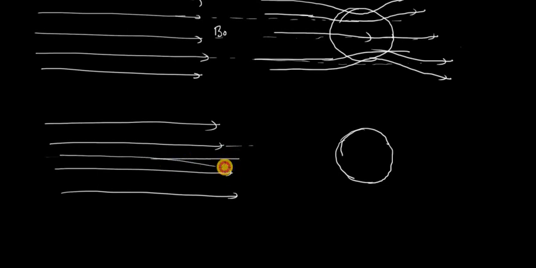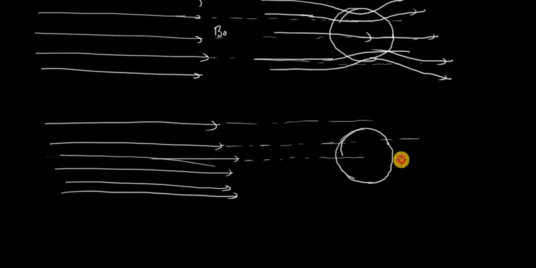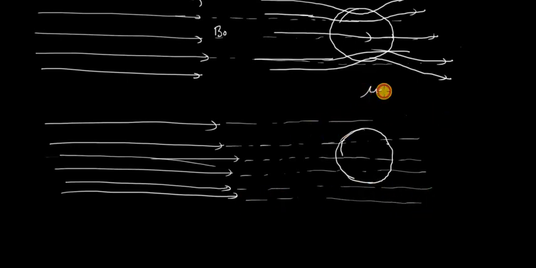Originally the lines of force look like this and go this way, but since there is a diamagnetic sample, and for diamagnetic mu r is less than 1, these lines of force, which initially were present there, now go outside.